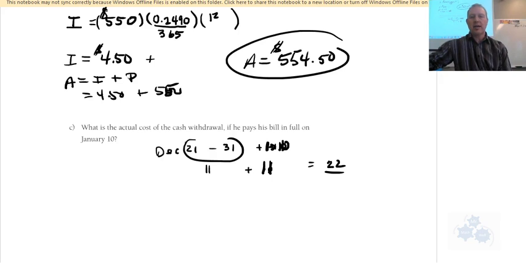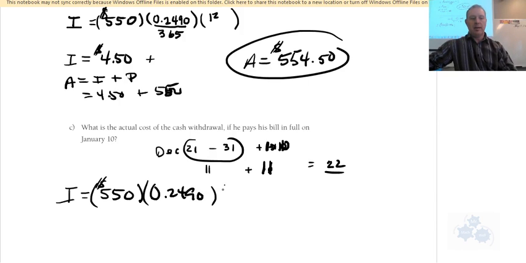So the actual cost then, he's got 22 extra days of interest that he needs to pay, right? So what we need to do then is figure out what the interest is on this $550. And the interest rate is still 0.2490 times 22.